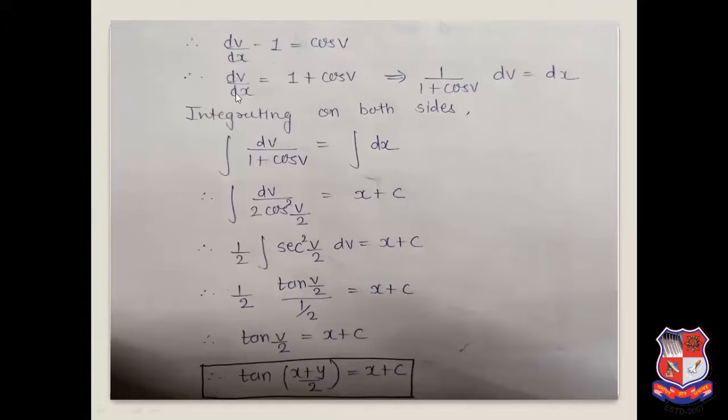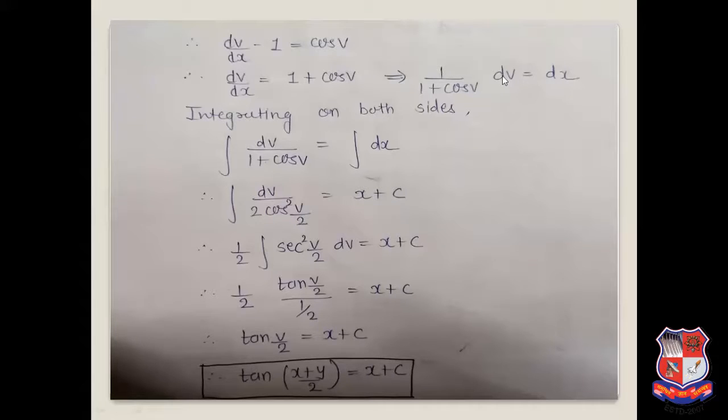So we can write dv by dx equals 1 plus cos v. Now we reduce the given equation to variable separable form. Write the variable v with dv and the variable x with dx. So we get 1 upon (1 plus cos v) dv equals dx.